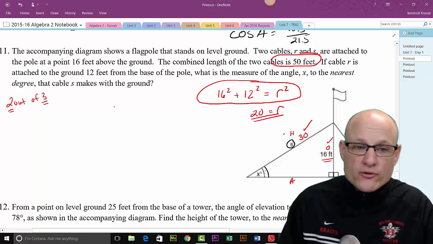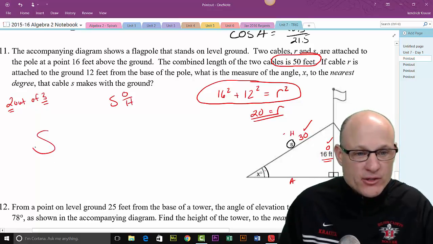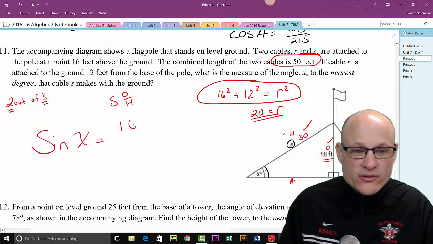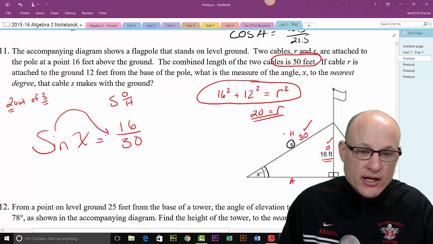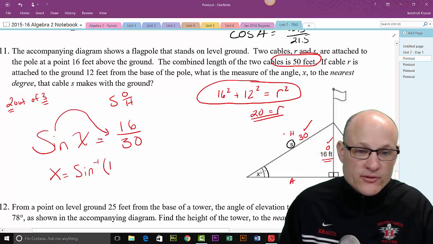Some old horse, that's sine. So sine of X equals 16 over 30. Bring the inverse sine over, so X is equal to inverse sine of 16 divided by 30.